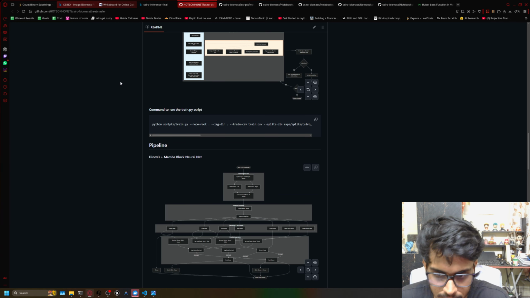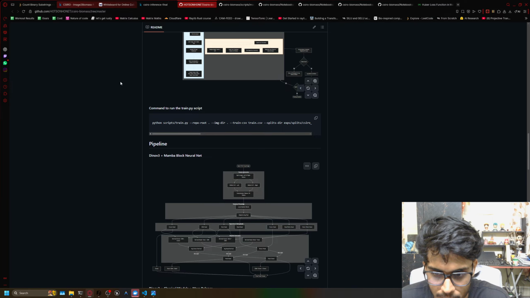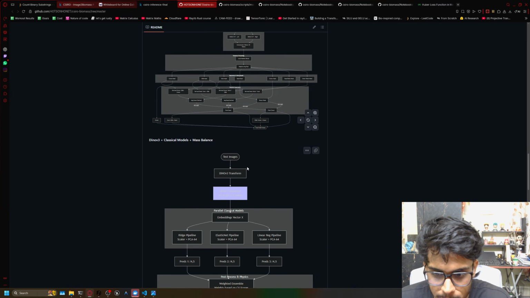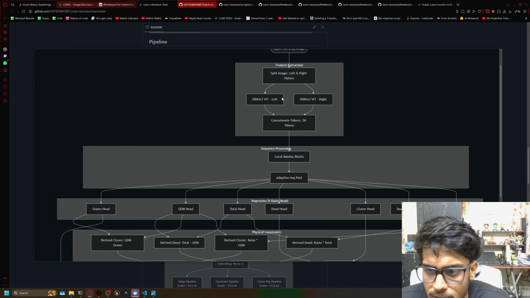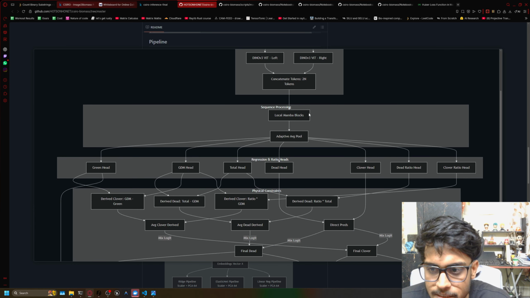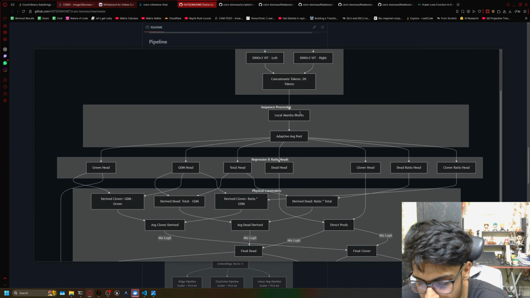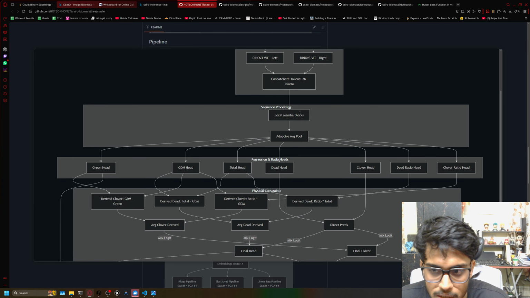Let's open this. I was using these Mamba blocks, which weigh how much each projection should be weighted. You can say it's a selective feature gating layer.